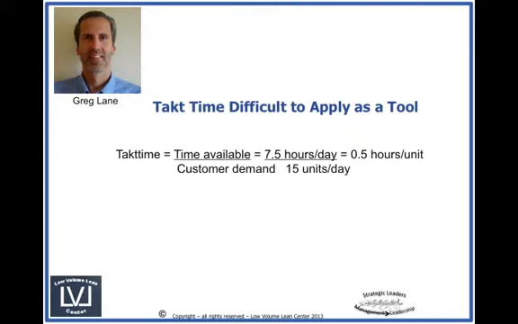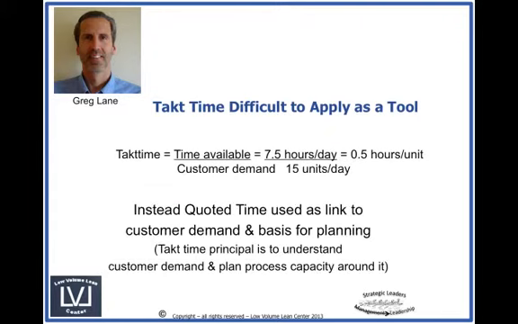But what is Takt Time essentially? It is our link to what the customer is demanding, and then we try to balance our process capacity around that. So instead, we need to use the quoted time because that's all we have. We cannot continuously try to recalculate Takt Times in these made-to-order businesses or job shop type businesses.